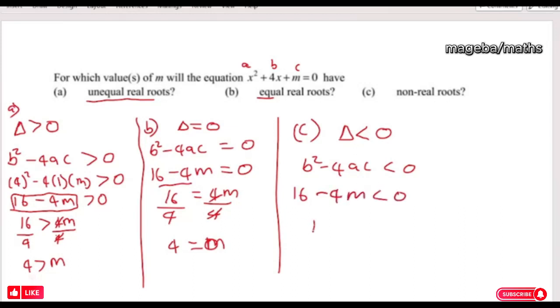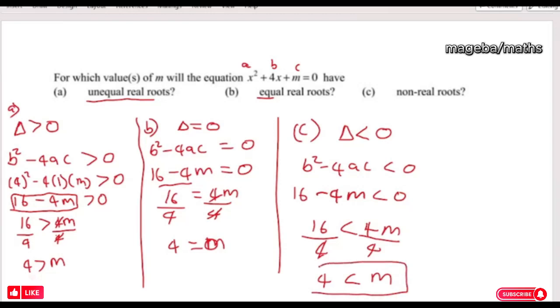Take this to the other side, so 16 is less than 4m. Divide by 4, and this gives us 4 is less than m. So to get non-real roots, m must be less than 4.